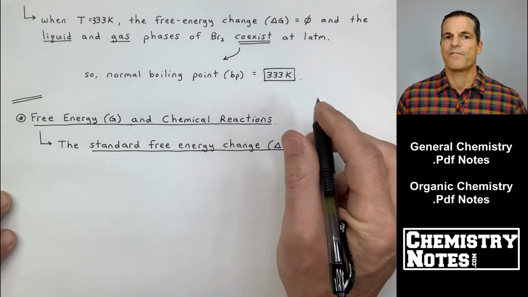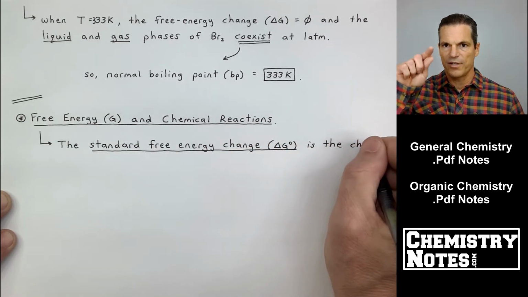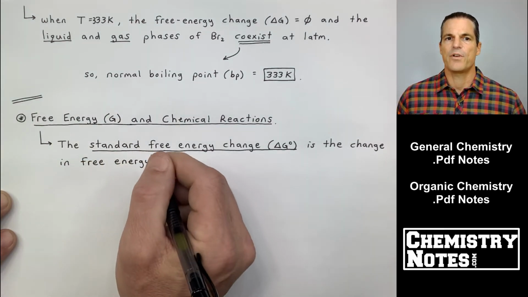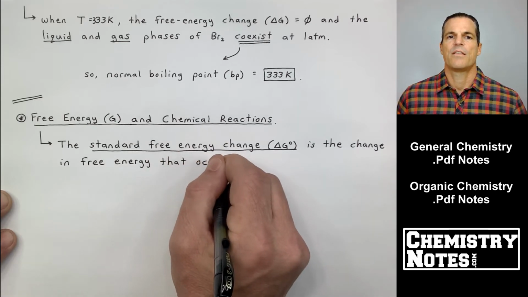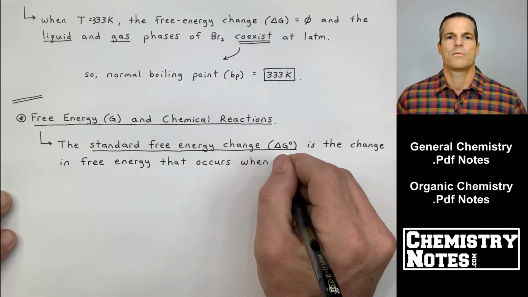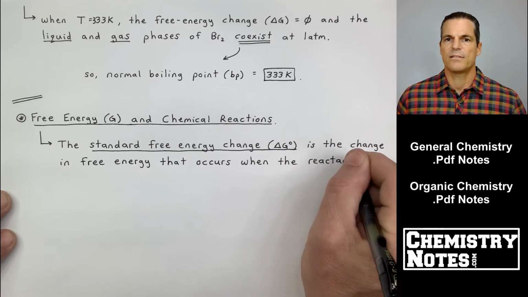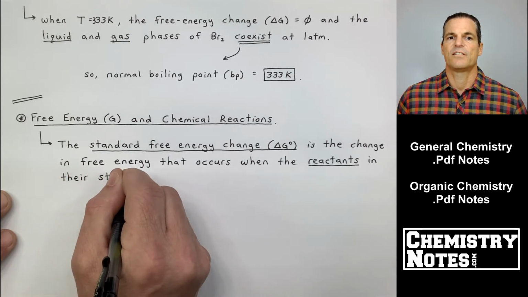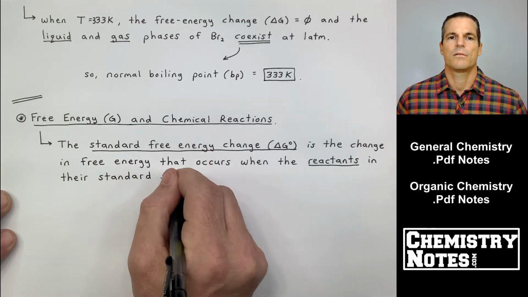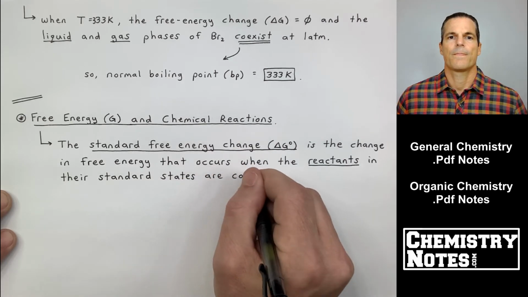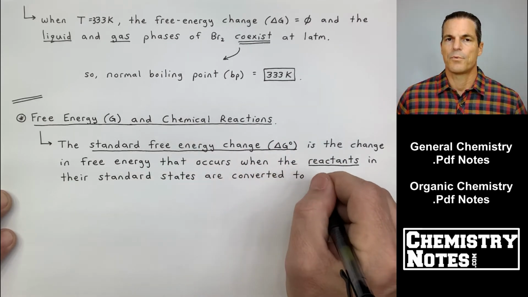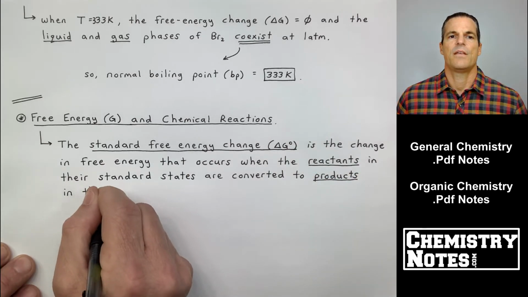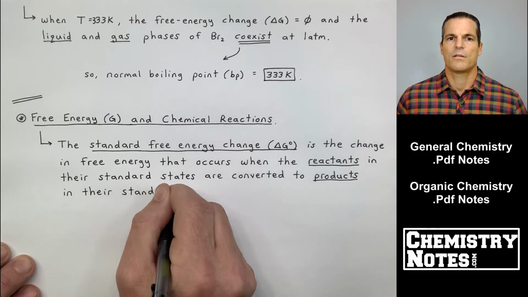So the standard free energy change, delta G with a little degree sign, right? The standard free energy change, delta G, is the change in free energy that occurs when the reactants in their standard states are converted to products in their standard states.